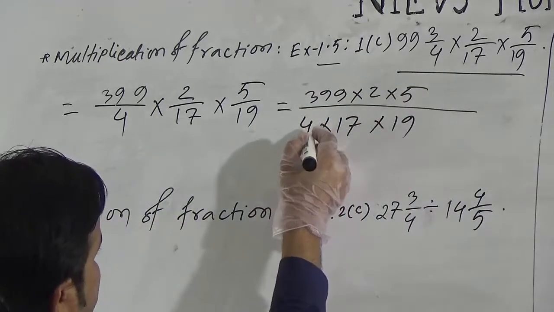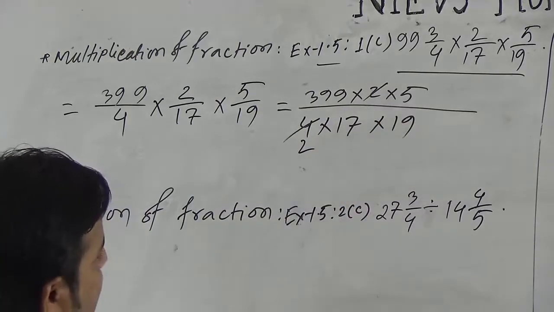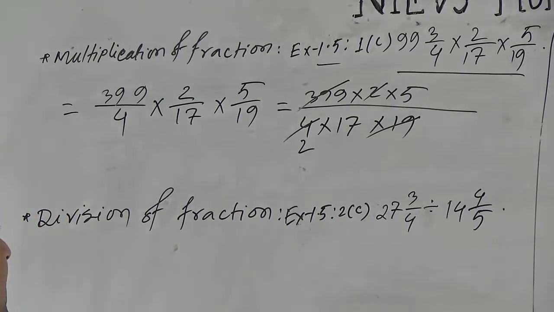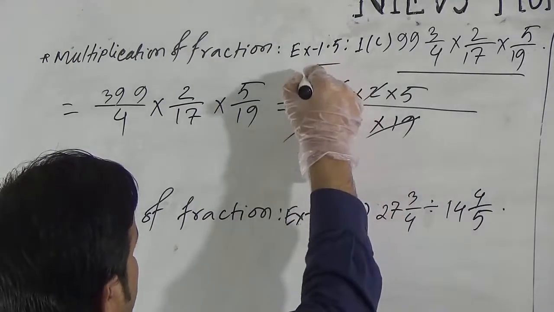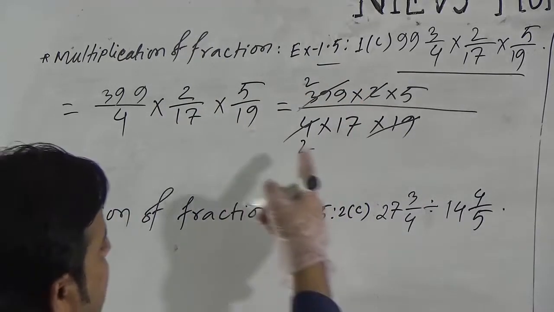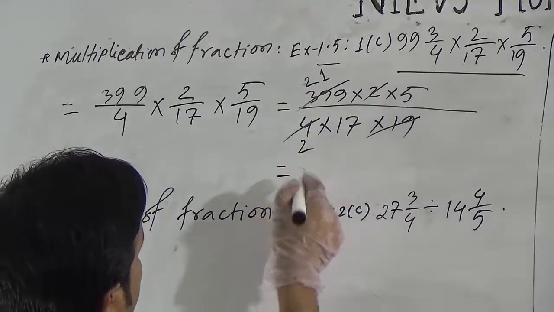Now we can calculate here. We can divide 4 by 2, we will get 2, and we can divide 39 by 19. If we divide, we will get 19 2s are 38 and 1 left, 19 one time, 21. Now we can divide.